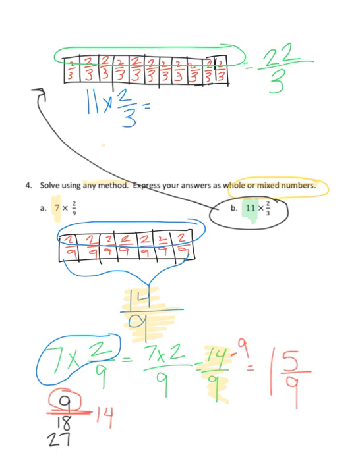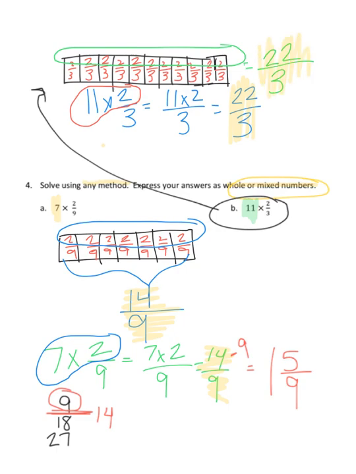Remember, we're only looking at how many numerators are changing. The denominator stays the same. We're still looking at thirds. So 11 times 2 over 3 is equal to 22 thirds. We got that same answer using both methods to solve it. Multiplication is just a little bit quicker.